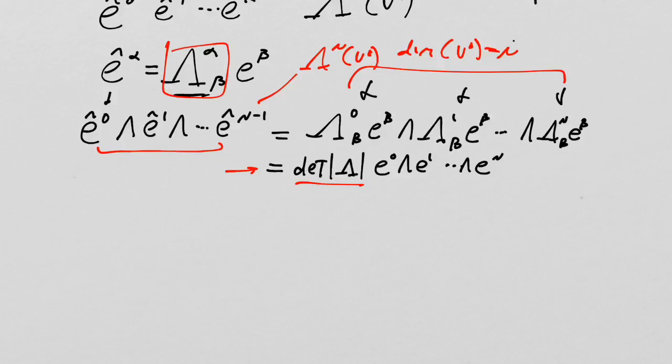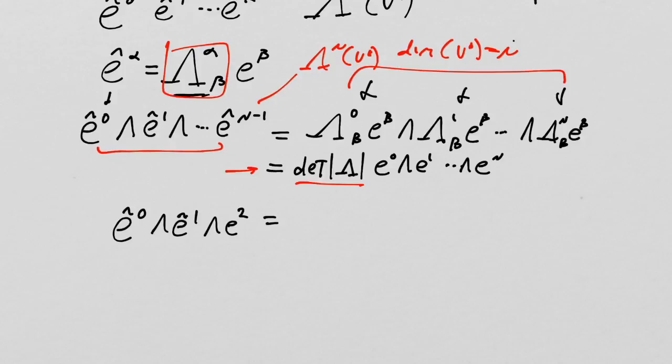And also what's interesting is you can do this without going to the full n dimensions, right? You can ask, well, what if I want E hat 0 wedge E hat 1 wedge E hat 2, and n is much greater than 2?